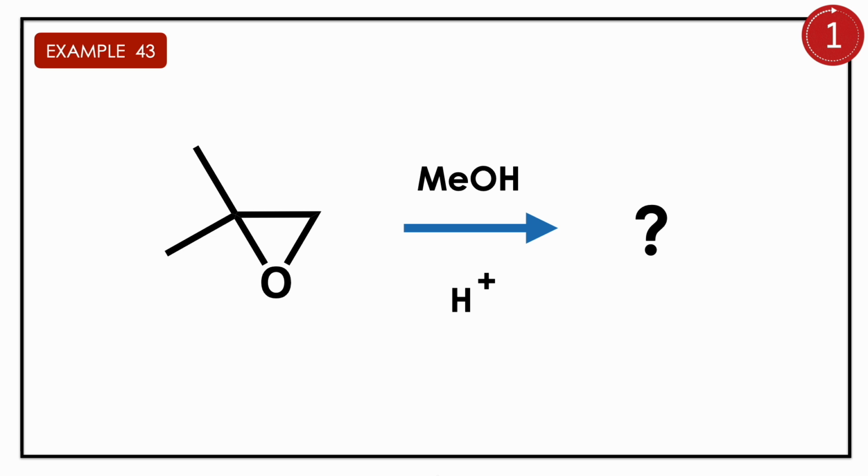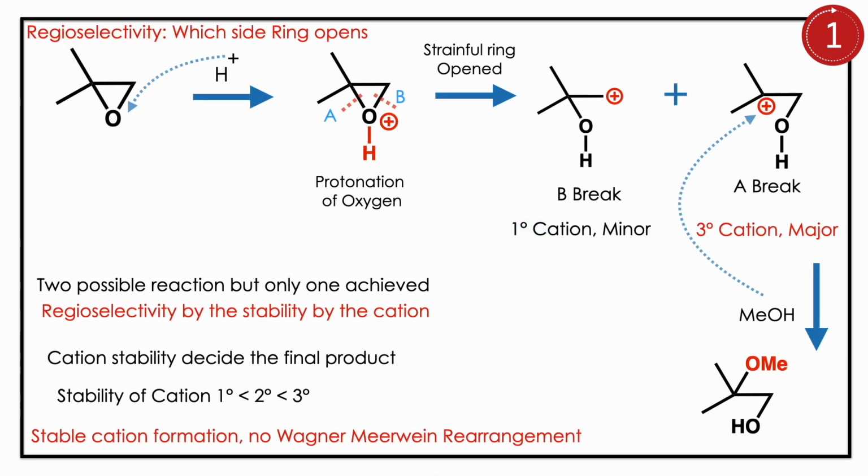Then the next example, you have an epoxide with 2 methyl groups, and you are using methanol in acidic condition. You should find what will be the final product. Here acid attacks the O and forms OH, so it forms a cation with oxygen. So the ring is very strained and has to open. How will it open?